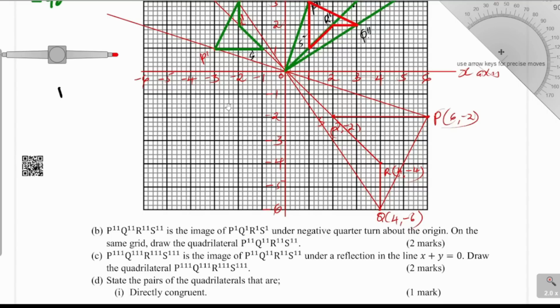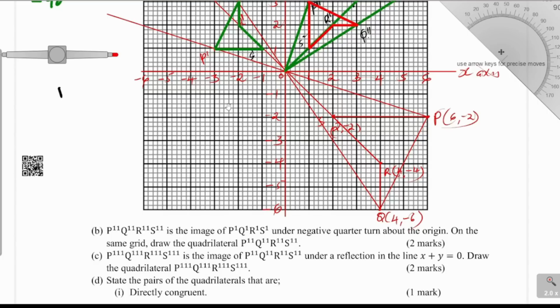So the image that we've just obtained, that is P2, Q2, R2, S2, should undergo a reflection in the line x plus y is equals to 0 in order to give P3, Q3, R3, S3.